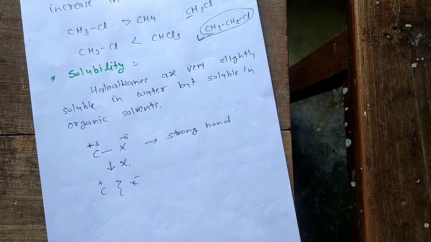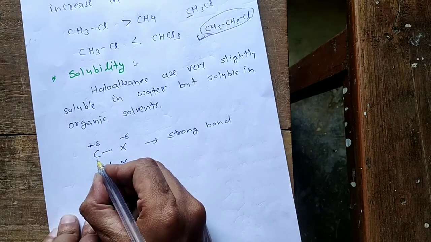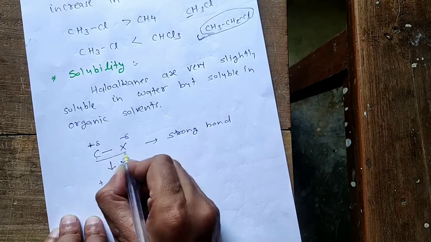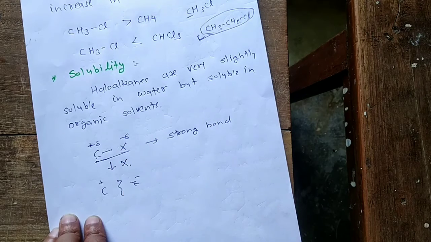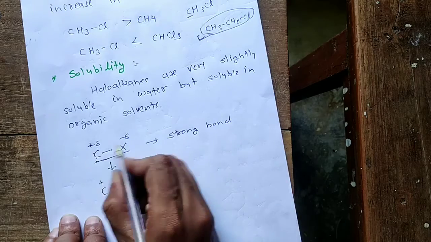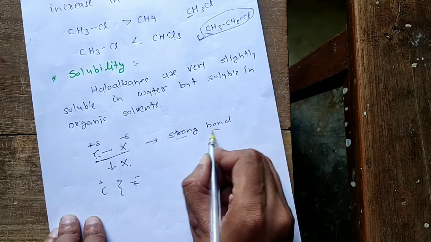The next point is solubility. Most of the haloalkanes are very slightly soluble in water, almost insoluble, but they are soluble in organic solvents. Why is that? Here you can see the bond between halogen and carbon is a polar bond, so it is a strong bond.